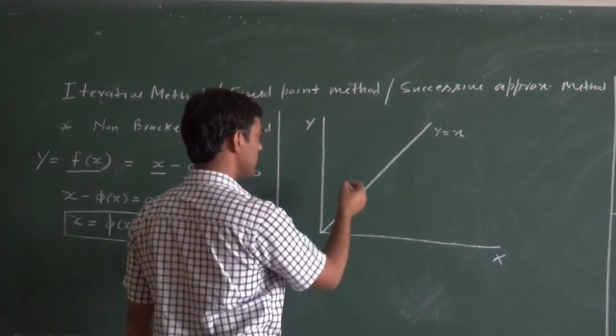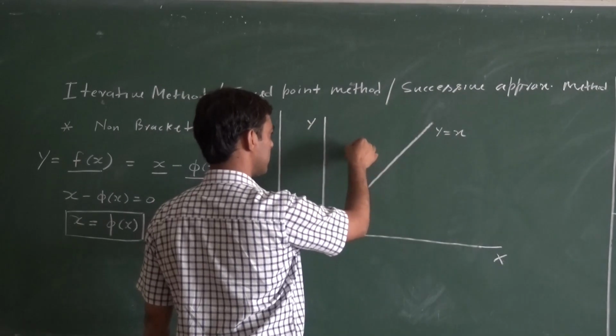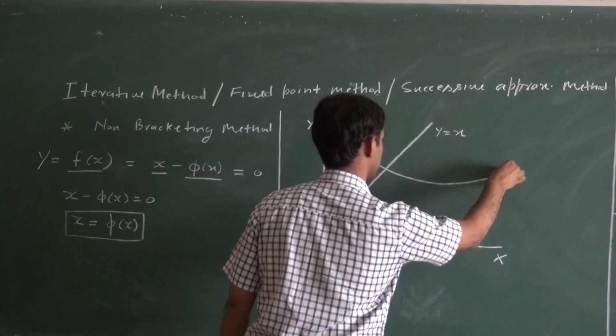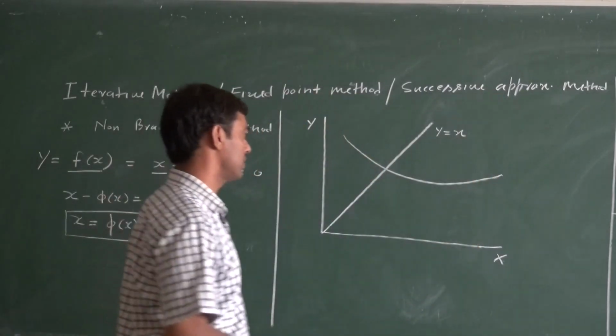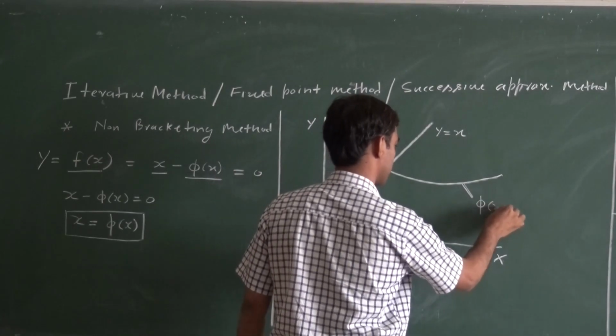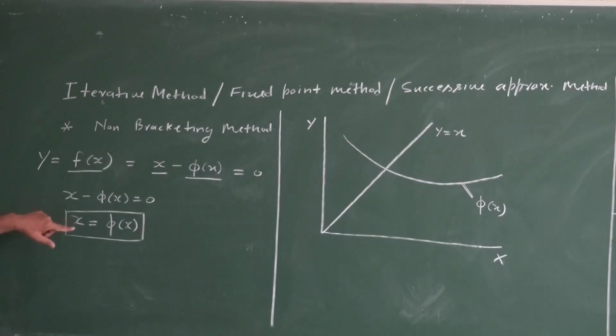Now, this is another function. Suppose this function looks like this; this is phi(x). So, what is the root?